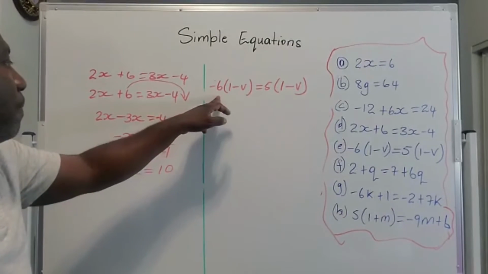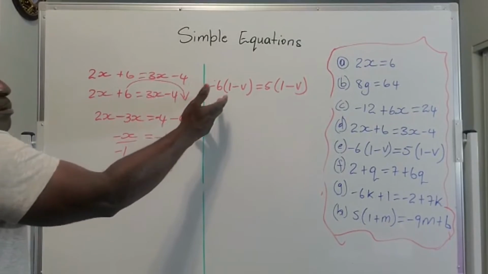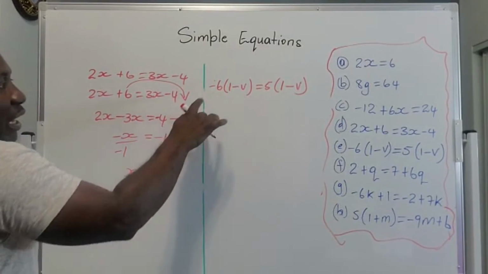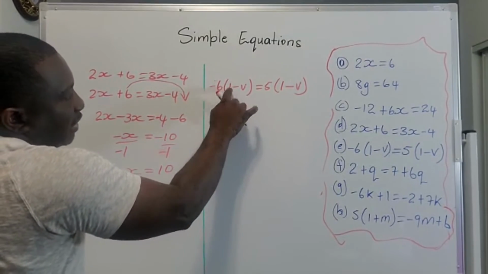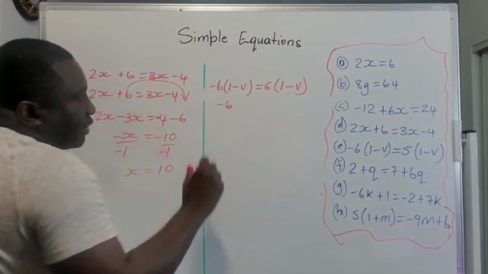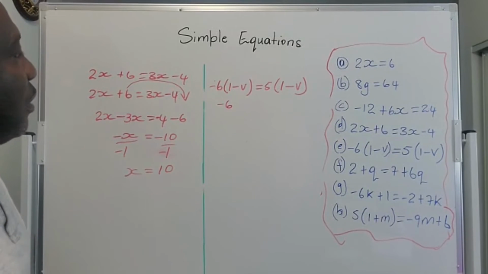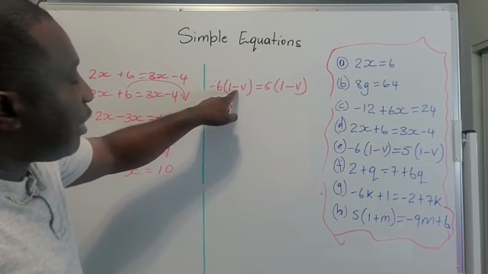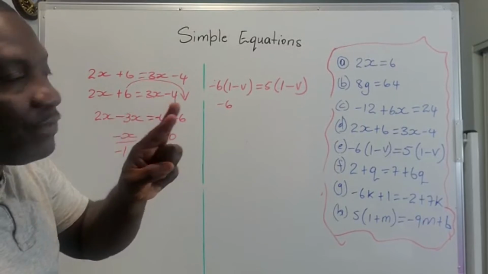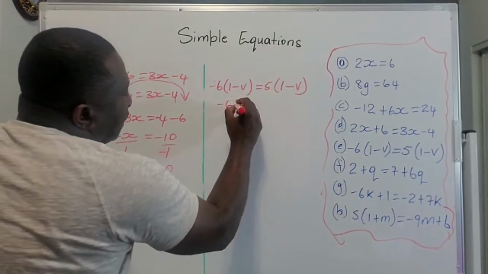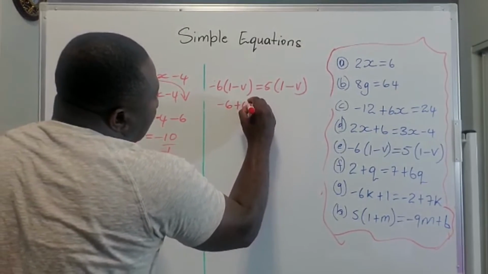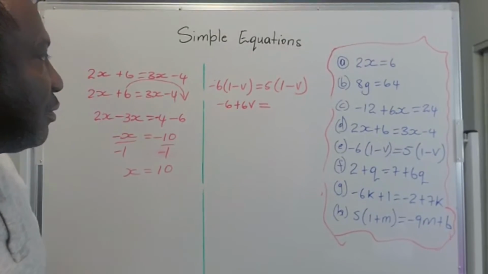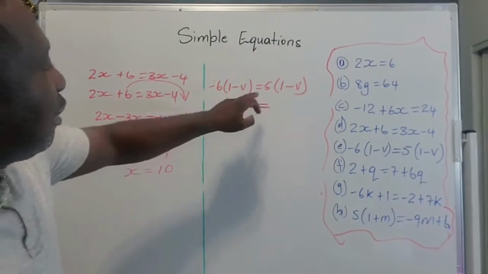In doing so, whatever is before the bracket must multiply every single term within that bracket. Hence, negative 6 times 1 will give us negative 6. Negative 6 times the letter v. They are both negative. When you multiply two negatives, it gives a positive. Hence it is positive 6v.